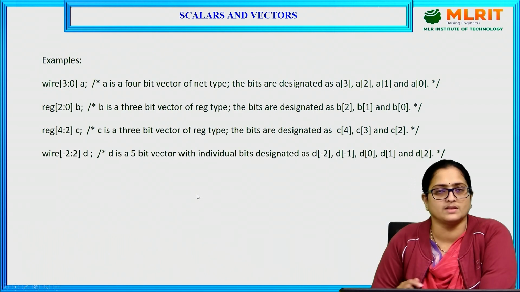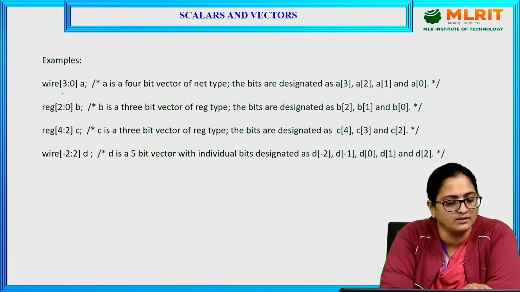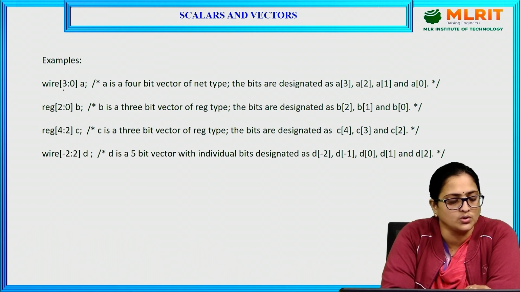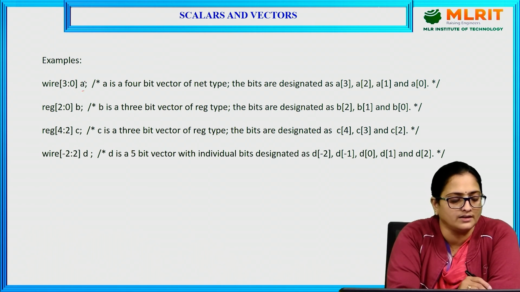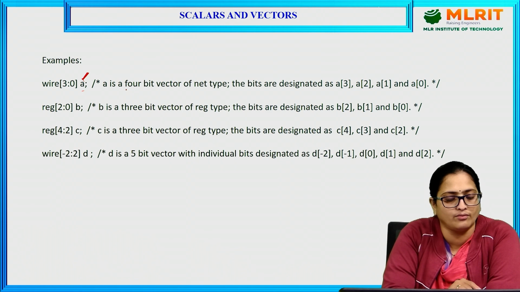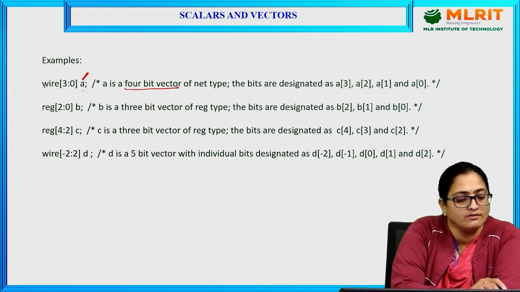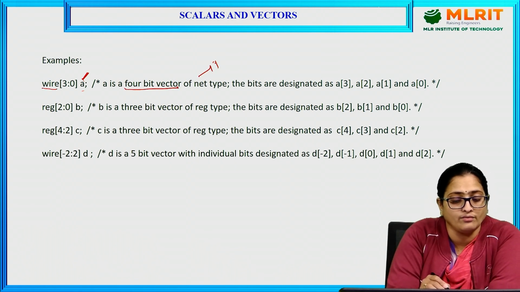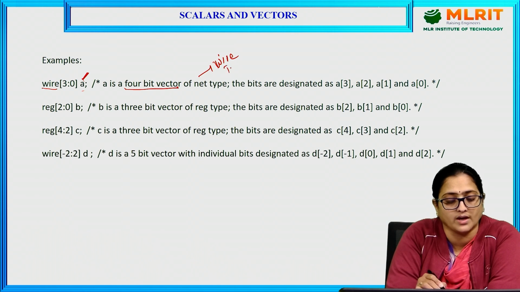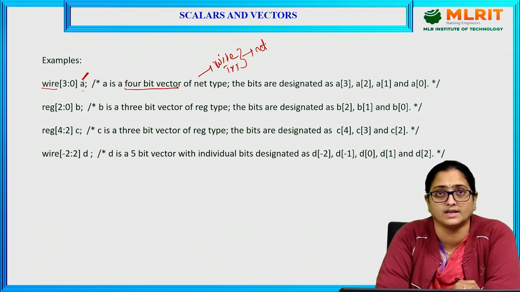A few examples are given. Here, wire [3:0] A. See here, A is a 4-bit vector. Wire and tri are of net type. Just as we have discussed, wire and tri are the keywords used to declare a net type.